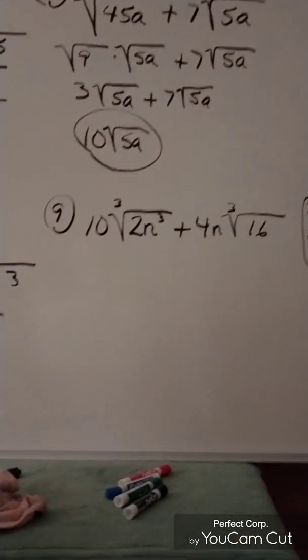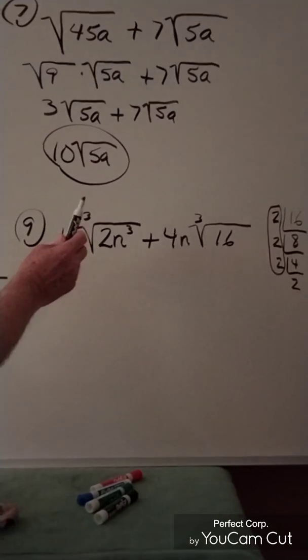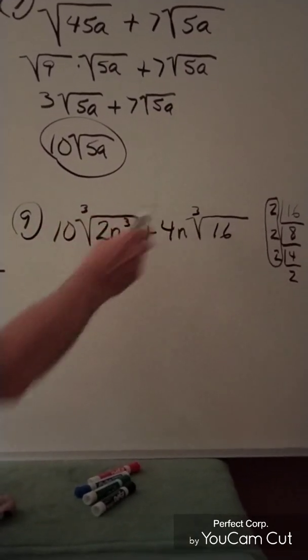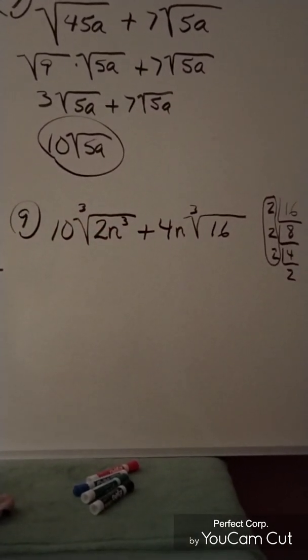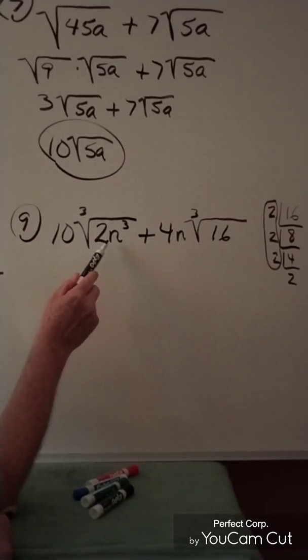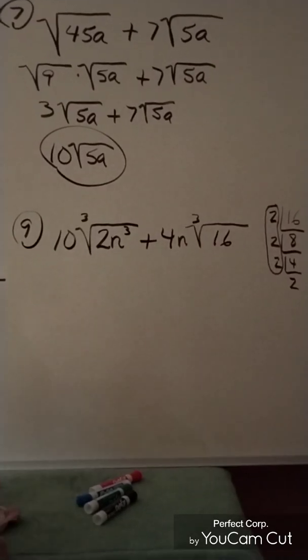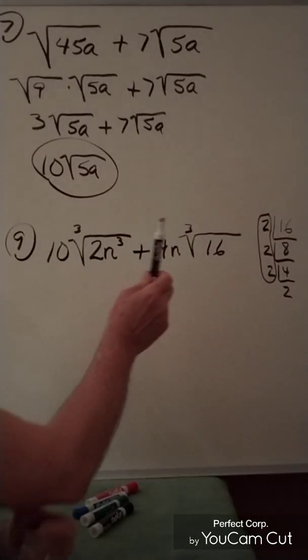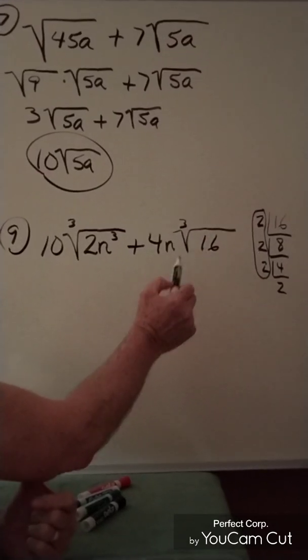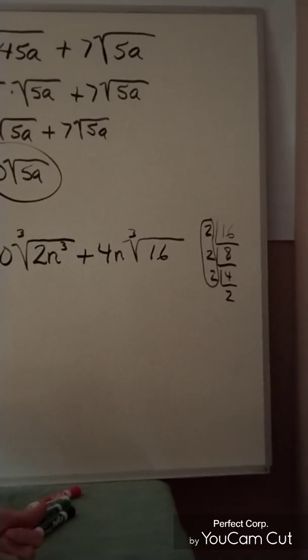And then number 9. Index of 3. Looking for perfect cubes. This one is obvious. There's nothing with 2, but n cubed is a cube. 16. I prime factored it over here to the side. You can see it.